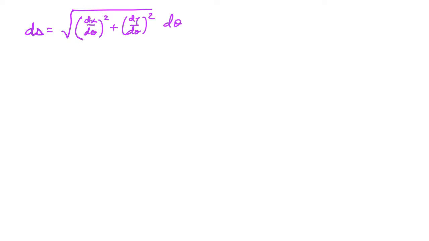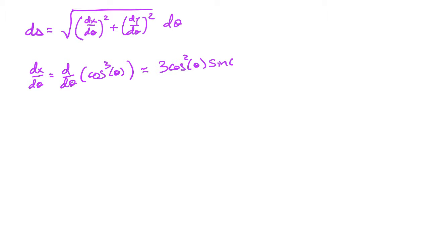So our arc length form ds, we know that is going to be given by the square root of dx d theta squared plus dy d theta squared, d theta. So for our dx d theta, we're going to have just the derivative of cosine cubed, which is just going to give us a negative 3 cosine squared of theta, sine of theta.